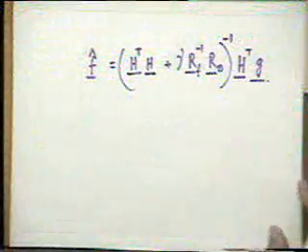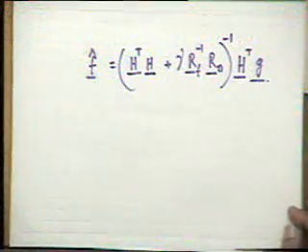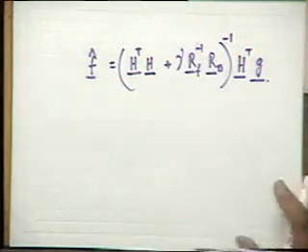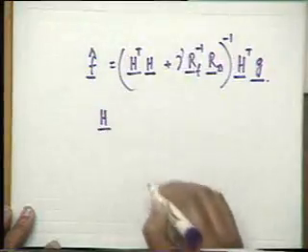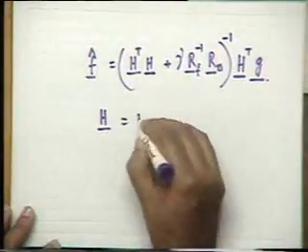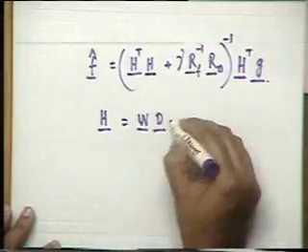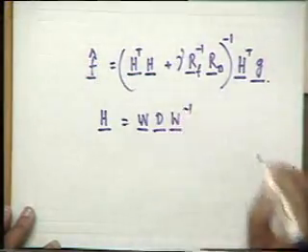Now what I would ask you to substitute is all the diagonalization relations. You remember what our H was? H was equal to W D W inverse.